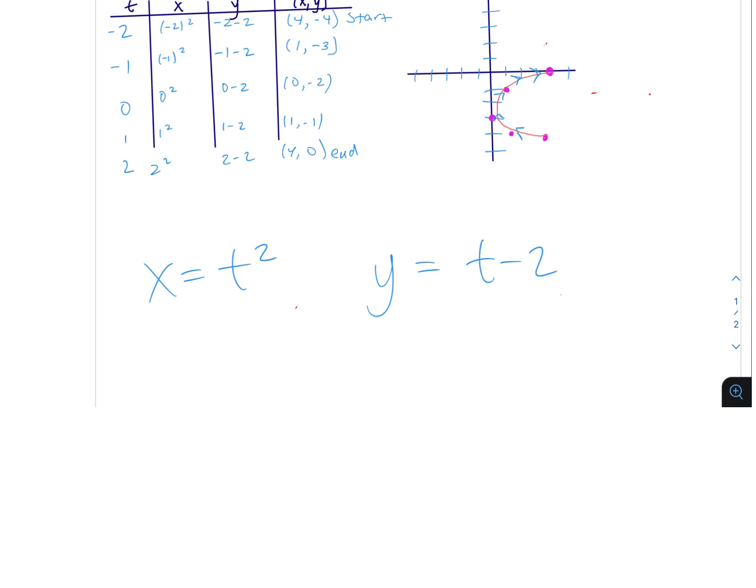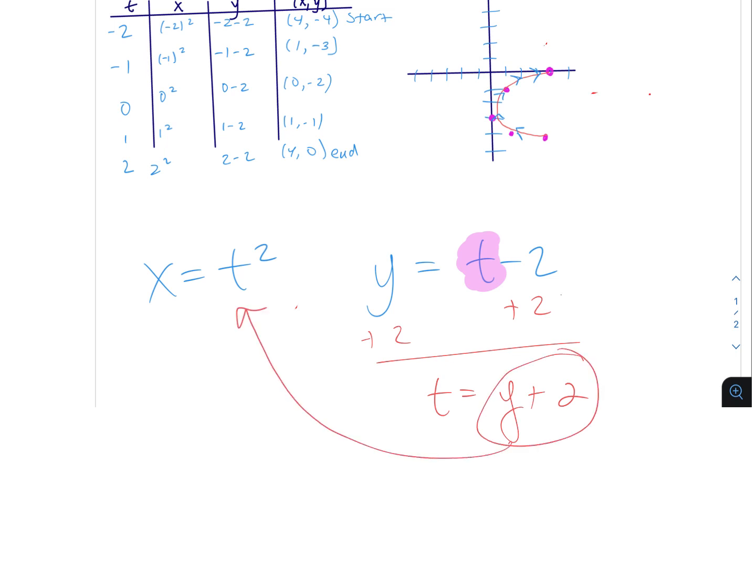I'm going to take my y equation, and I'm going to eliminate, I want to get t all by itself so I can eliminate it. So I'm going to do what to both sides? Add 2, right? So I have t equals y plus 2. So what that means is I take this value and I substitute it into the other equation.